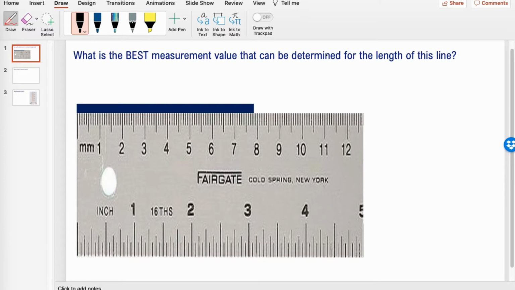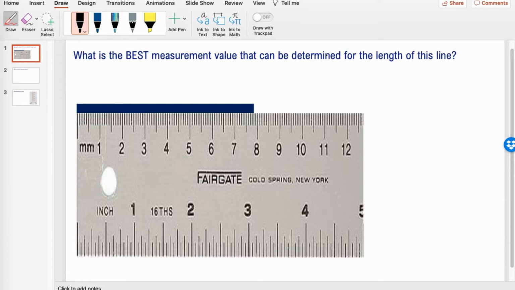Hello class. So let's take a look at what this whole measurement thing is about. This is nothing fancy. Here is just a very basic ruler. What I would like you to do is take a moment, 5 seconds, a minute, however long it takes you, and make your best guess as to the measurement of this blue line.